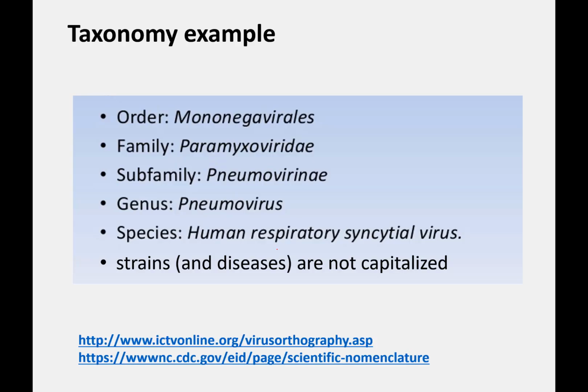Here's an example for the human respiratory syncytial virus, RSV. This shows you its order, family, subfamily, genus. We're really focusing usually at the genus level. Sometimes they talk about them at the family level.